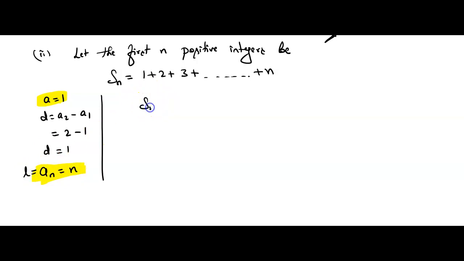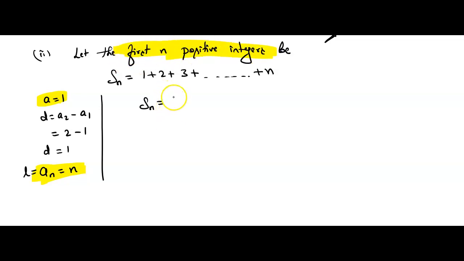So we can use the formula Sn is equal to, but here, children, how many terms are there? Which formula can we use here? The nth term value is n. Can you see this? We are going to add the sum of the first n positive integers.